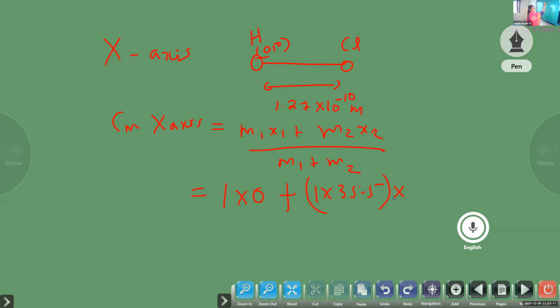The distance from hydrogen to chlorine is 1.27 into 10 to the power of minus 10. And mass is equal to 36.5. I am not writing 1 plus 35.5, I am just writing here. So this is going to be 0. Now you have to only find out this. Keep this power just like that. You just multiply 35.5 into 1.27. How much you get? That's enough. Keep this 10 to the power minus 10 exactly like that.